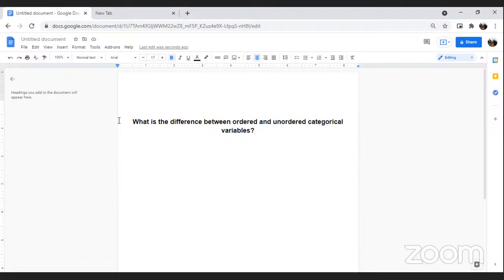Right, Kritik. If you can, would you name it in a different way? What are ordered categorical variables and what are unordered categorical variables? I mean, in a different way. Okay, have you heard about ordinal and nominal data?